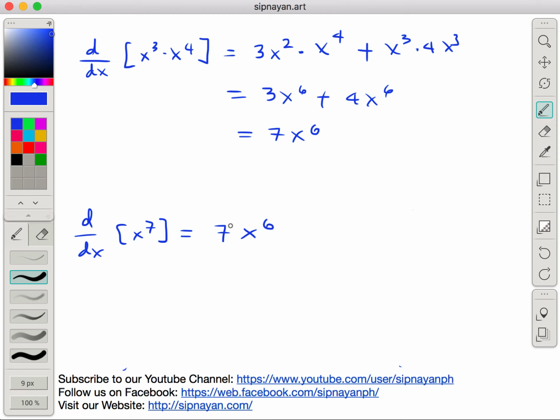Equal silang dalawa. So ito, yung formula natin ay get the derivative of the first, multiply by the second function, and then get the first function and multiply by the derivative of the second function. And then add, no? Add mo silang dalawa. So yan yung ating tinatawag na product rule. So this is the product rule.